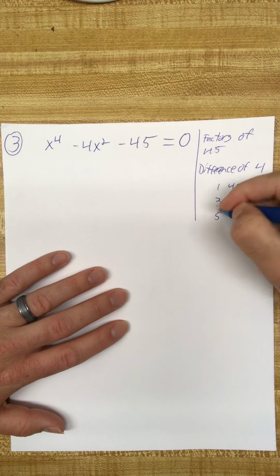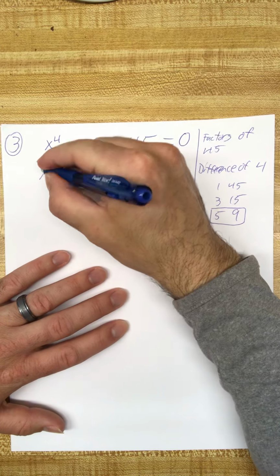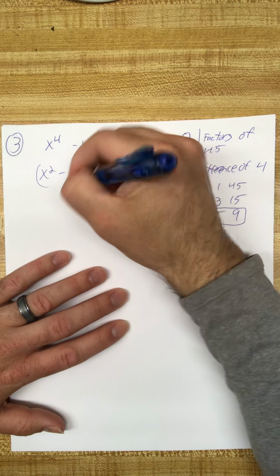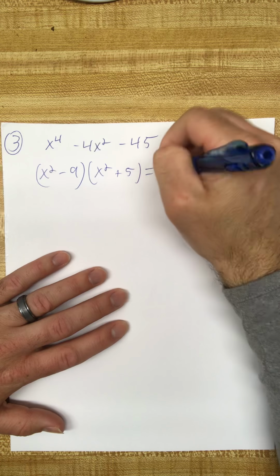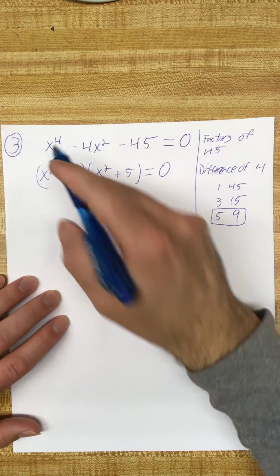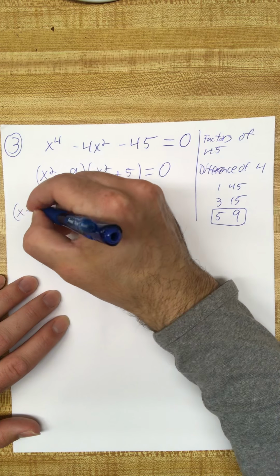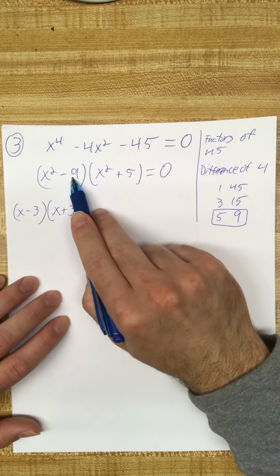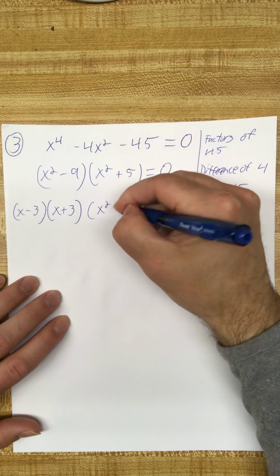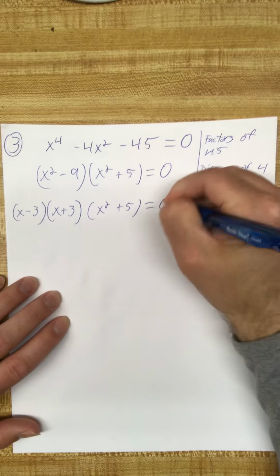So we're going to want to use those. We're going to go x squared minus 9, and then x squared plus 5 equals 0. You can factor this into two binomials, x minus 3, x plus 3. Again, difference of squares there. x squared plus 5 is done. You can't do anything with that.